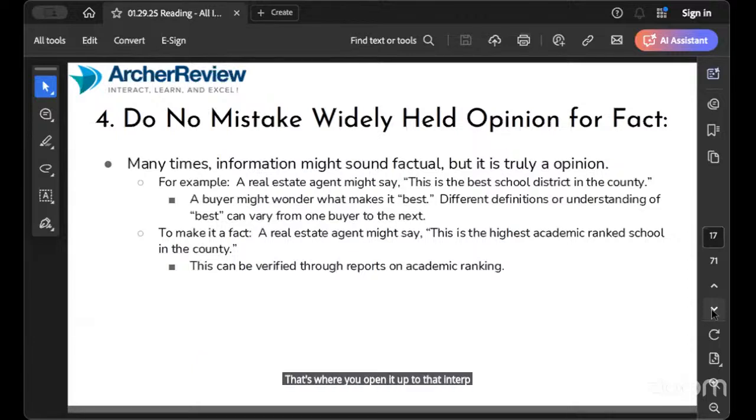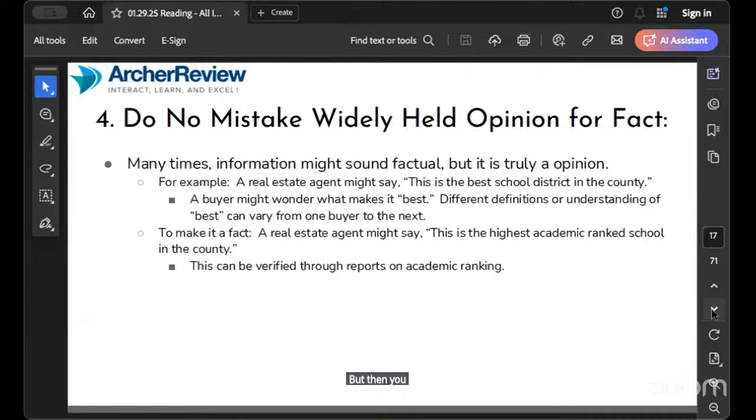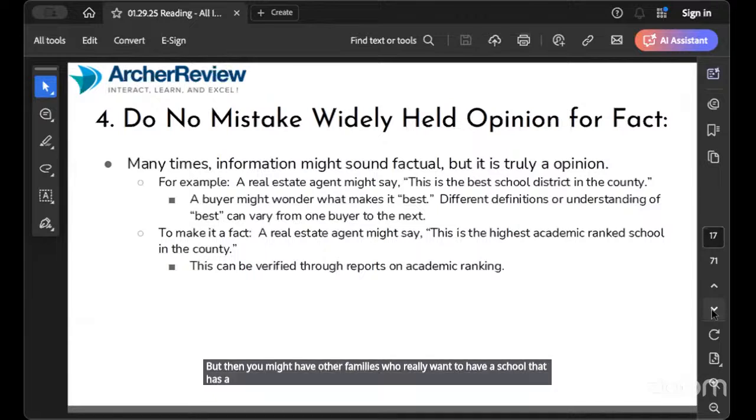Now, you might have one family who really recognizes academics above all else. But then you might have other families who really want to have a school that has a very solid athletic department because they need their child to get a scholarship to go on to college. That would make it the best school for them, right?